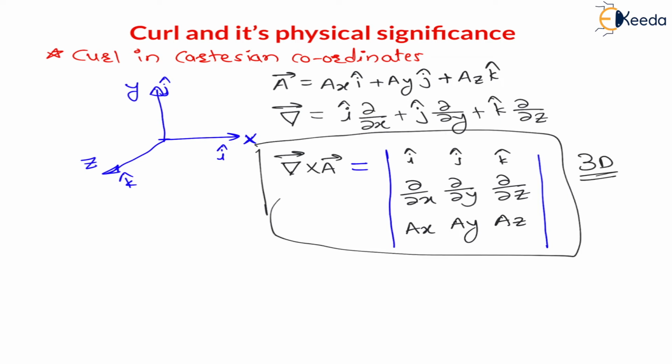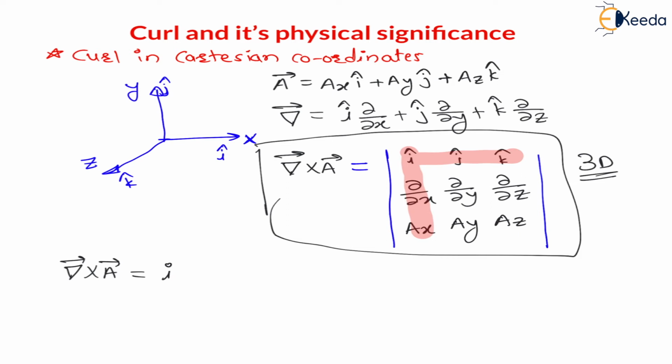Now let us simplify this determinant. After simplification, what I will get, we have to prove here, right? So after simplification, if I consider i cap, this del cross A, which is nothing but the curl of vector A, is equal to, for i cap, we have to delete the first row and first column, and for the remaining four elements we have to write the determinant.